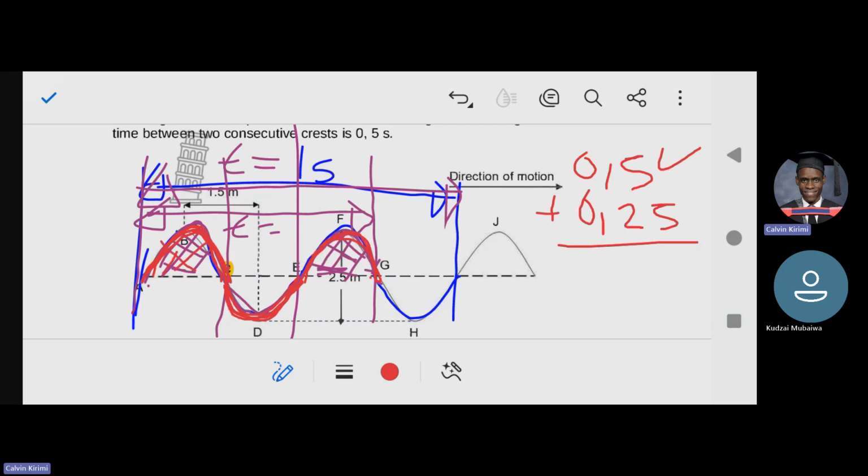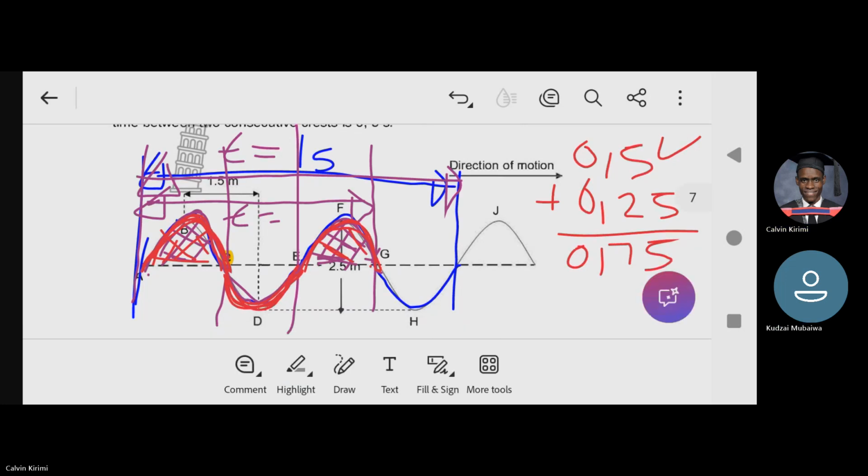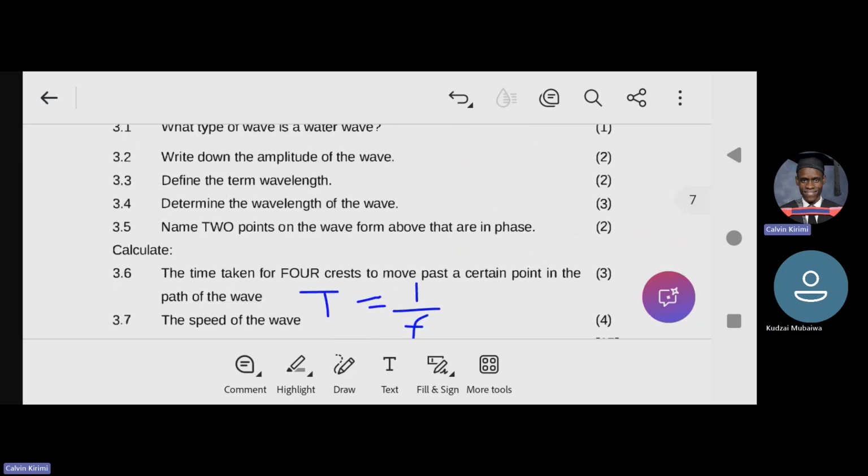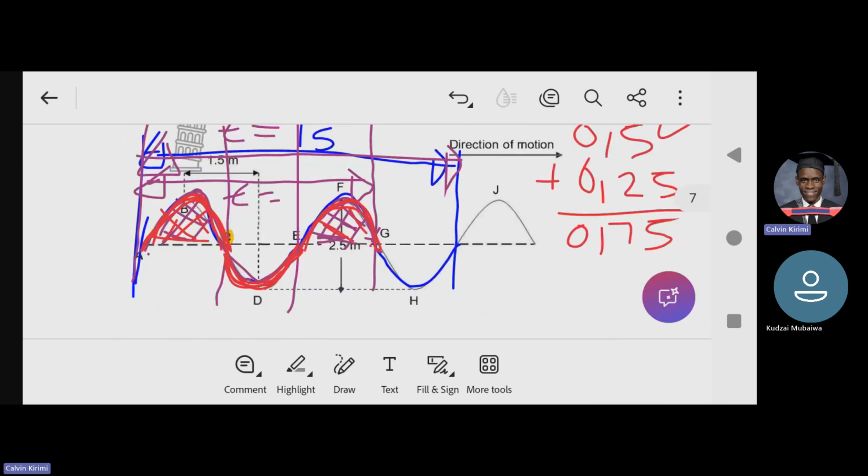These are the 2 tracks. So what is the total time to complete 2 tracks? 0.75. Yes, not 1 point, 0.75. I have completed 2 tracks, 2 crests.